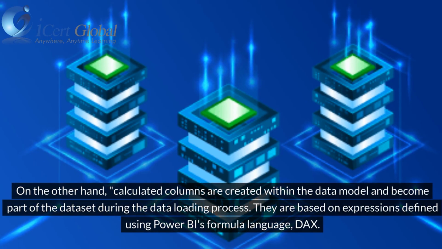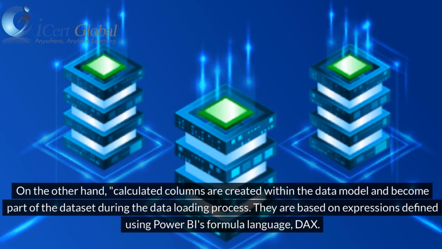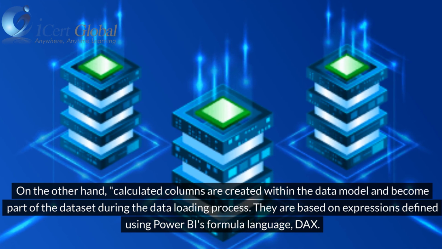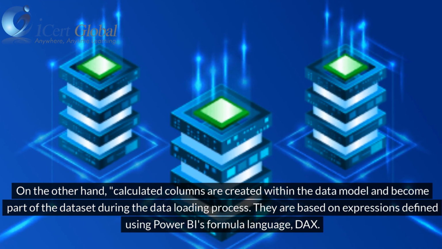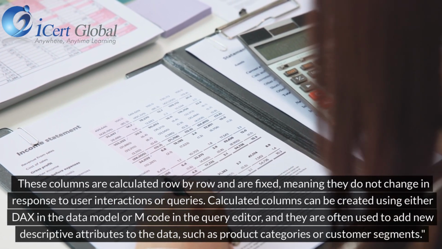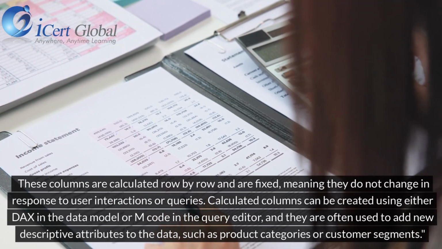On the other hand, calculated columns are created within the data model and become part of the dataset during the data loading process. They are based on expressions defined using Power BI's formula language, DAX. These columns are calculated row by row and are fixed, meaning they do not change in response to user interactions or queries.